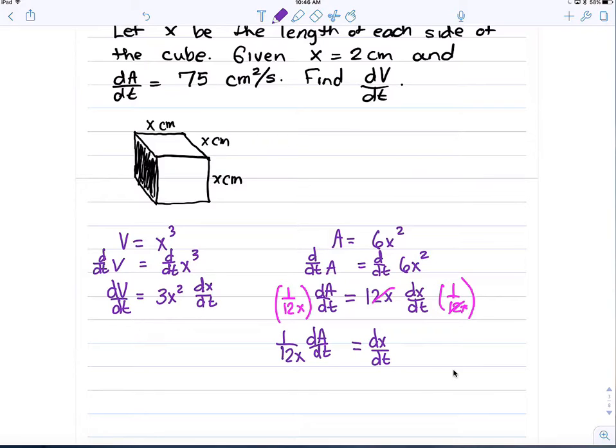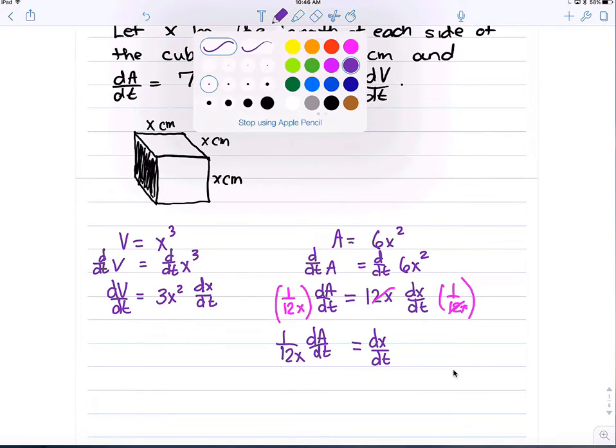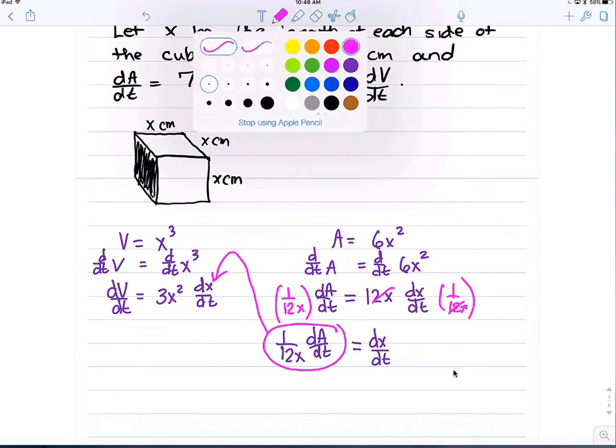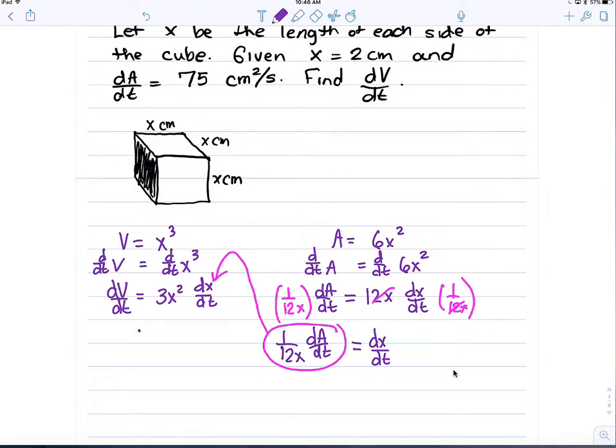So let's take our dx/dt, this information here, and we can now substitute to continue on. So we'll have dV/dt equals 3x squared, and then we'll plug in 1 over 12x dA/dt.